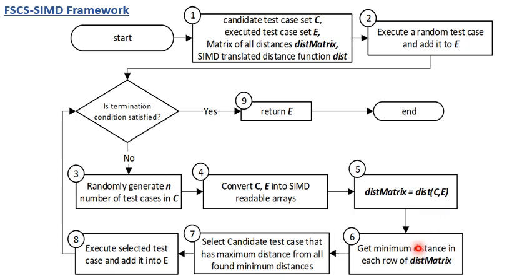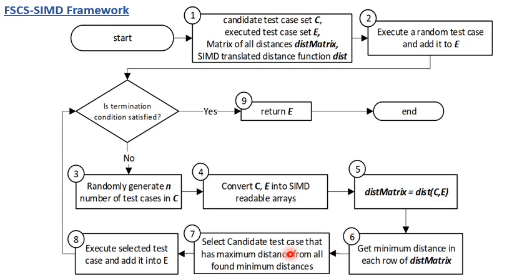In step 6, the minimum value in each row of the dist matrix is found and stored. This value on each row represents the minimum distance of each element of C. For example, the minimum distance on the first row represents the nearest neighbor distance of the first element of C. In step 7, the maximum value from all minimum values found in step 6 is found.